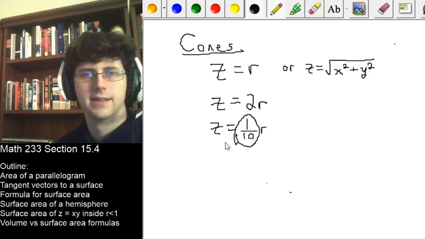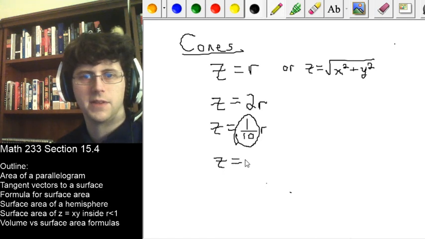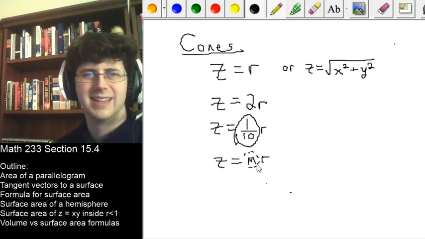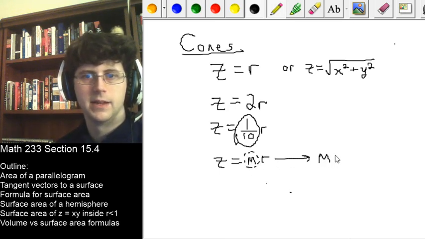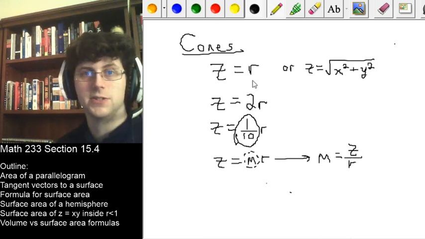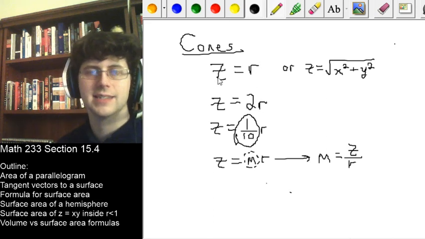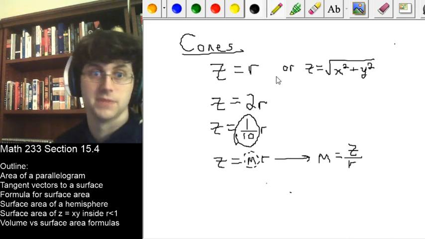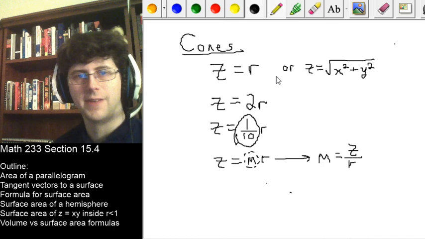Because if the cone was z equals mr, and m is some number, and you asked, what is this m? Well, you would just solve for m, and you'd say, oh look, it's the height divided by the radius. So however your cone is given to you, you should be able to get an equation for it like this: z equals a number times r. Just find the number first, and then deal with the cone after that.